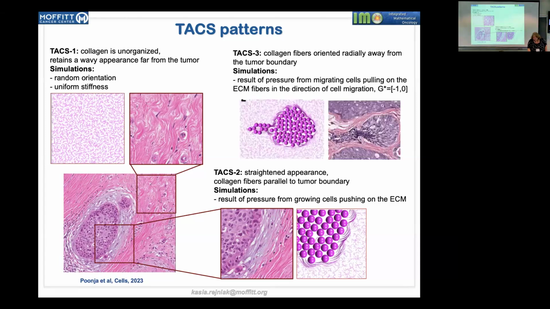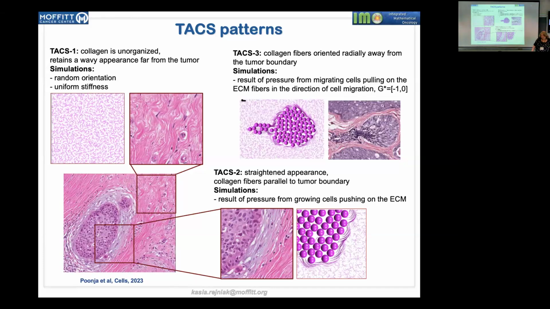And for TACS 3, when the cells are pulling, they change the direction. You could see here those are stiffer, so they are darker. They change the direction and the stiffness of those fibers in the direction when they are moving. As I said, we recreated those 3, but in biology you don't see the transition, because histology is taken from a sacrificed animal, or a section of a human patient tumor, and you don't see the progression.